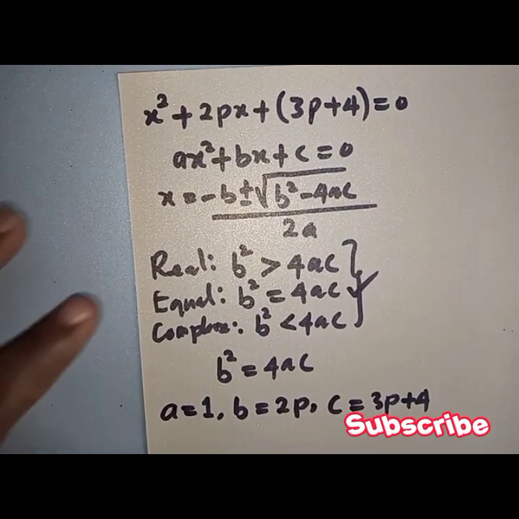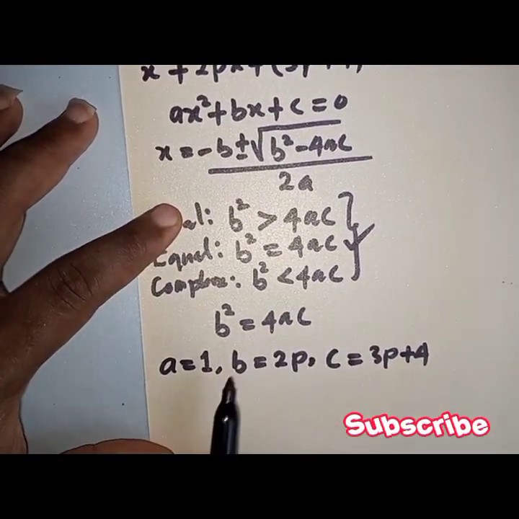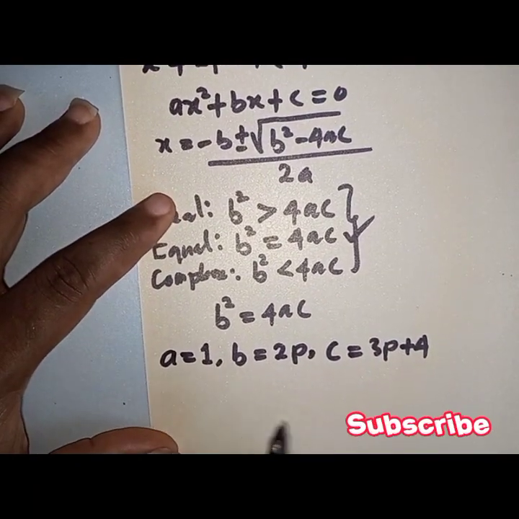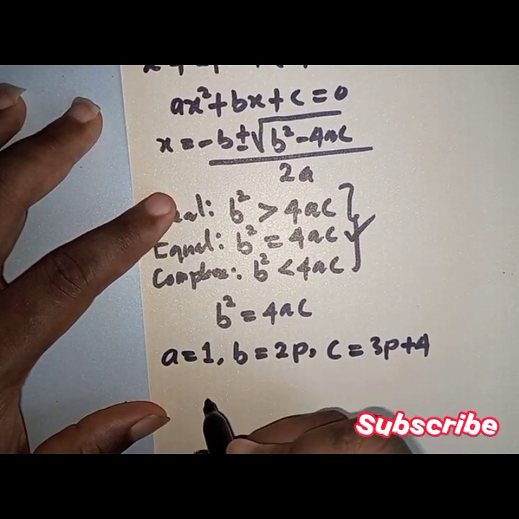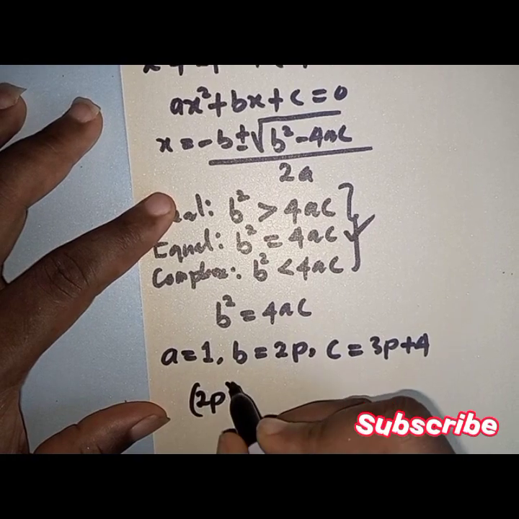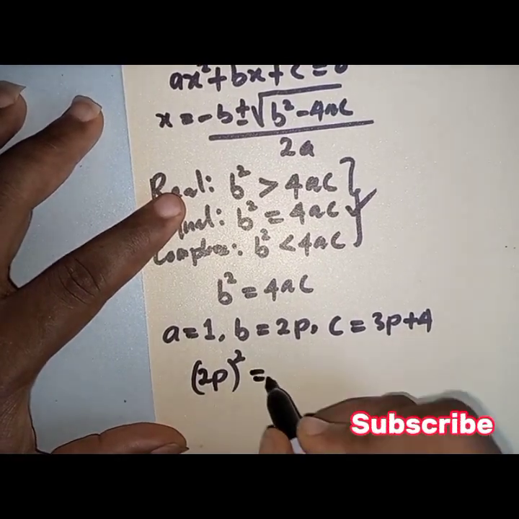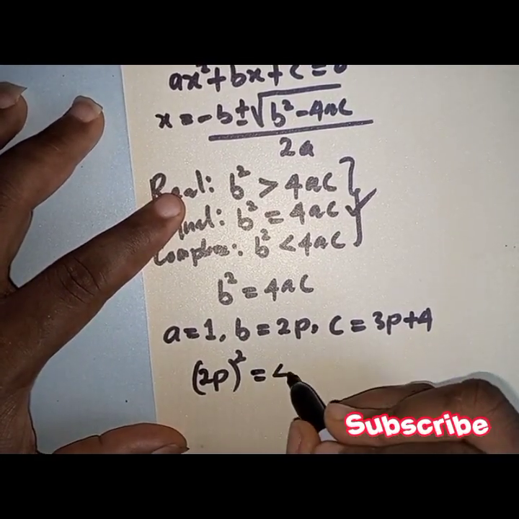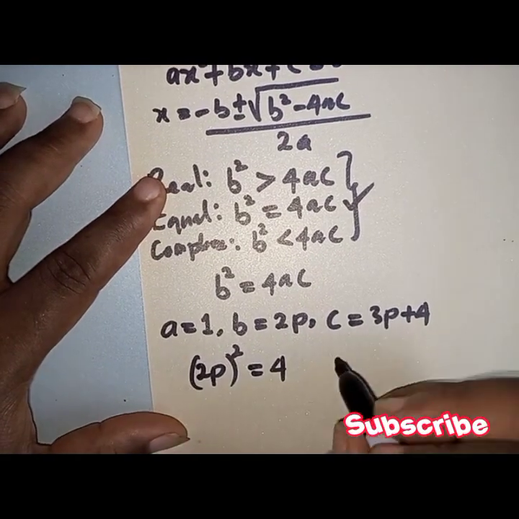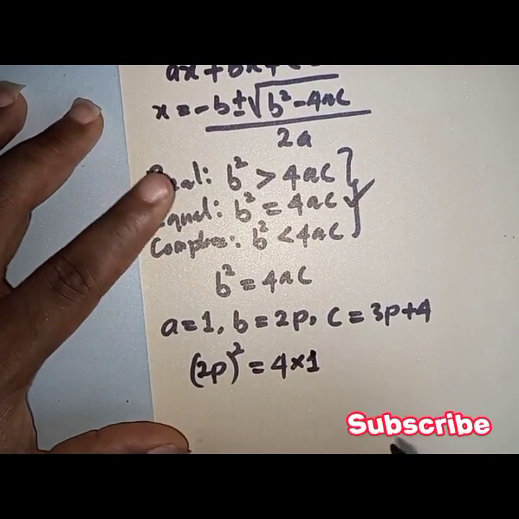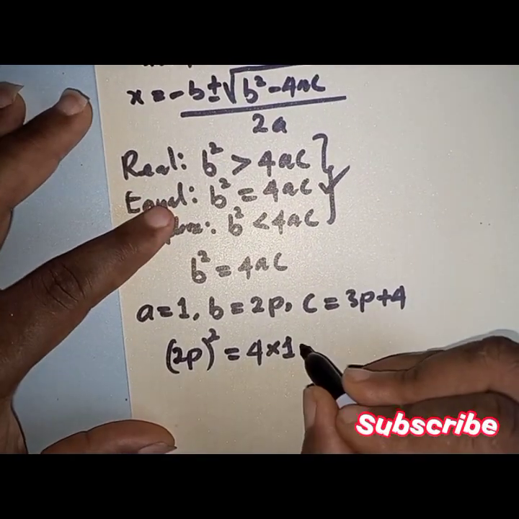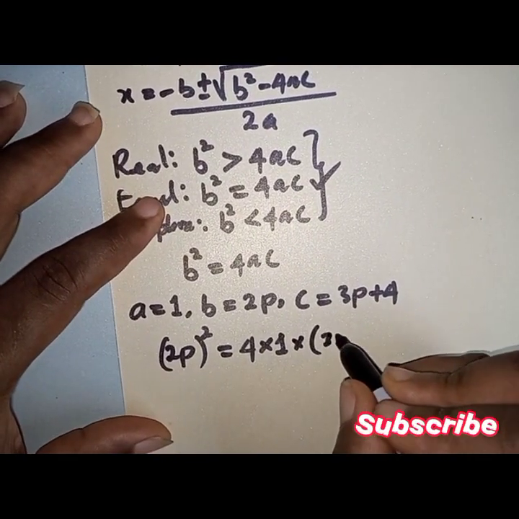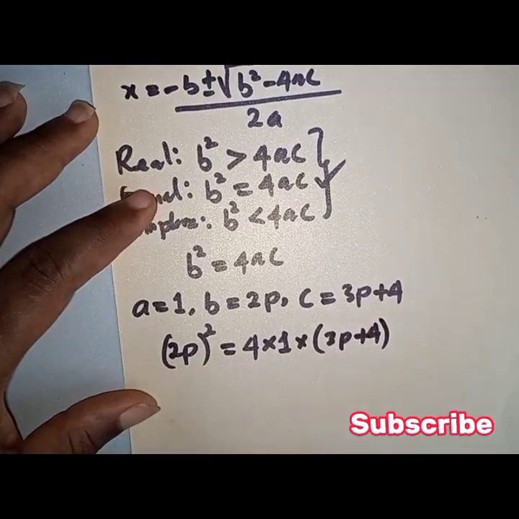So let's now use this formula to look for the value of p, the unknown. b is 2p, so we're going to have 2p all squared is equal to 4 times a, where a is 1, multiplied by c, which is 3p plus 4, in brackets.